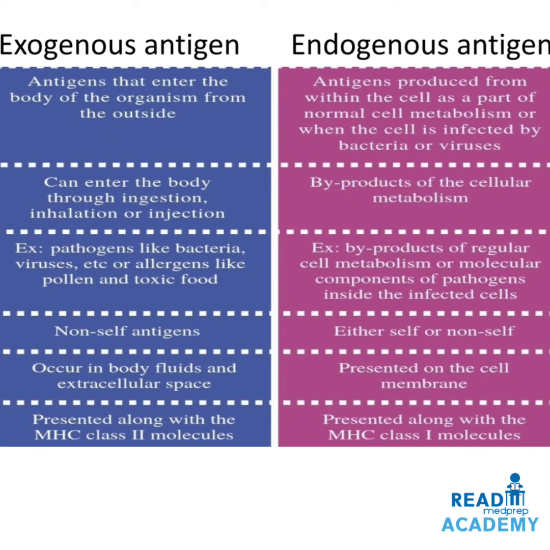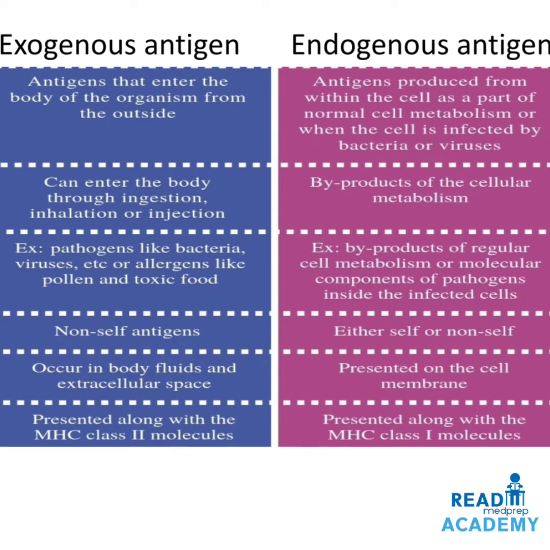Antigens that enter the body of the organism from outside are called exogenous antigens. Antigens produced from within the cell as a part of the normal cell metabolism or when the cell is infected by bacteria or viruses are called endogenous antigens. Antigens that can enter the body through ingestion, inhalation or injection are called exogenous antigens, whereas endogenous antigens do not enter the body. They are byproducts of the cellular metabolism.